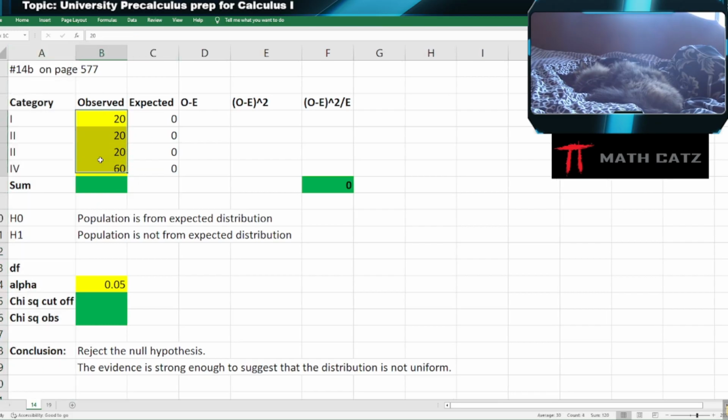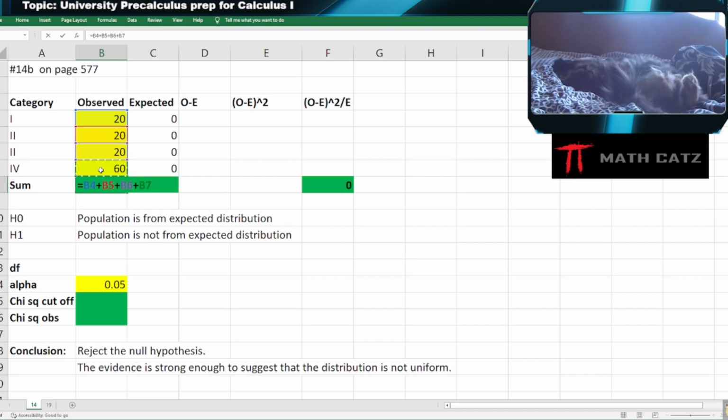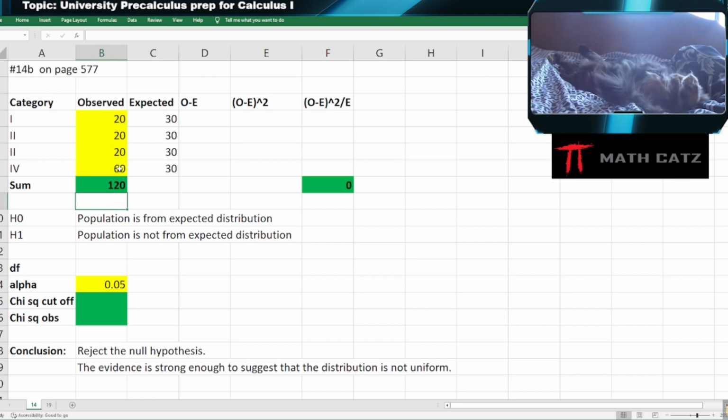So I have my observed scores, and I expect a uniform distribution. But let's calculate the total first here. We have some convenient functions built into Excel that makes it simpler, but you could start your calculation with an equal sign and say this cell plus this one, plus this one, plus this one, if you really wanted to.